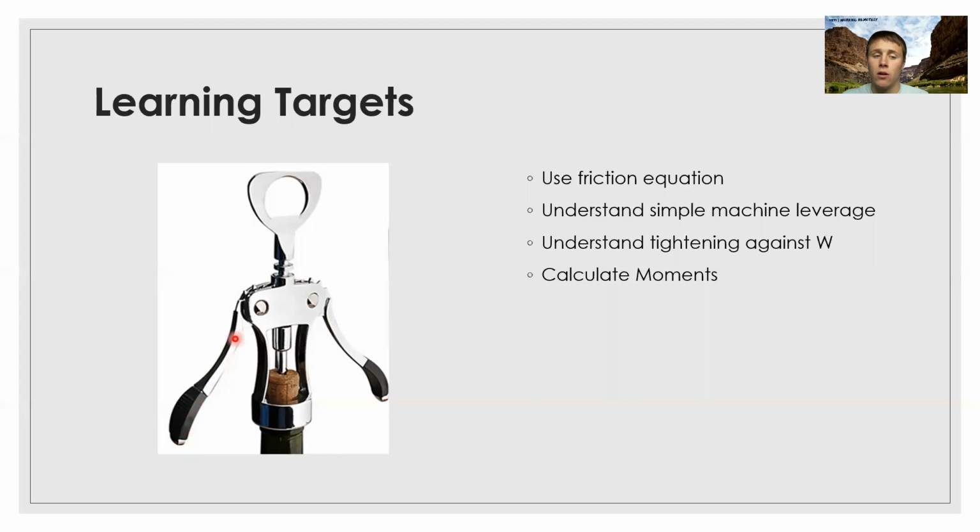The mechanical advantage comes from a longer distribution of force: the force is farther away from the center where the moment is created in both of these screws that pivot, creating an upward force to pull the cork out of the wine bottle, giving you your wine.